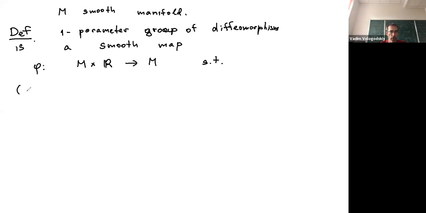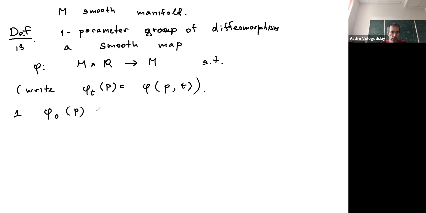So I'm going to write phi sub t of p for phi of p comma t, such that the following two properties hold. So phi sub 0 of p is p. Okay, so I can think of phi sub t again, right?